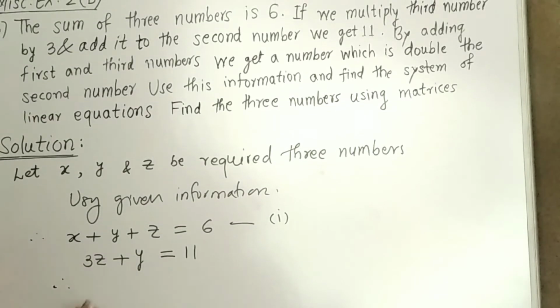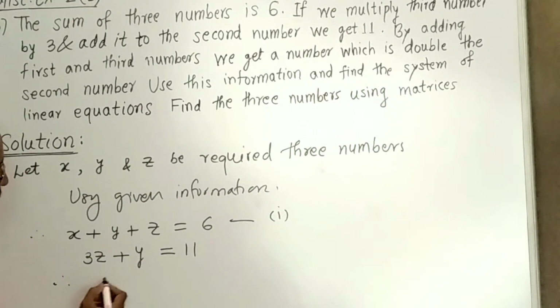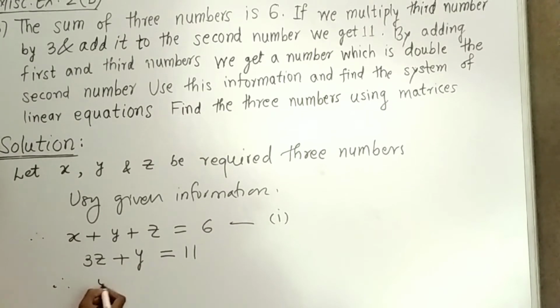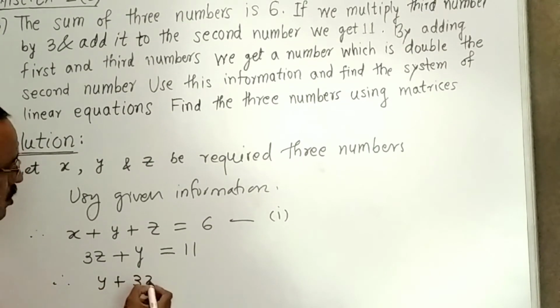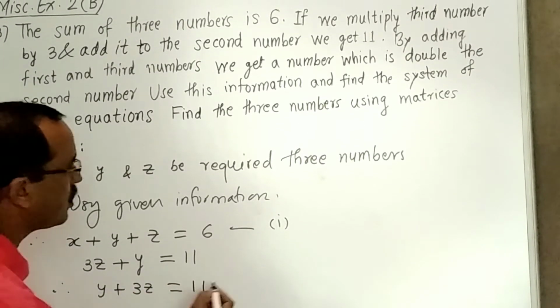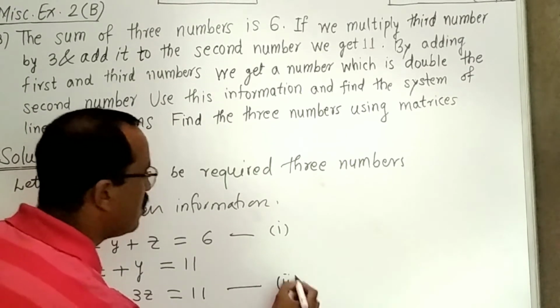Therefore this equation is written as y plus 3z is equal to 11. This is equation number 2.